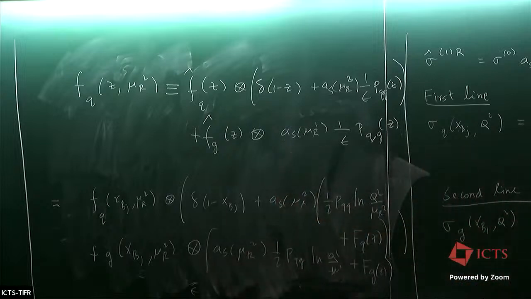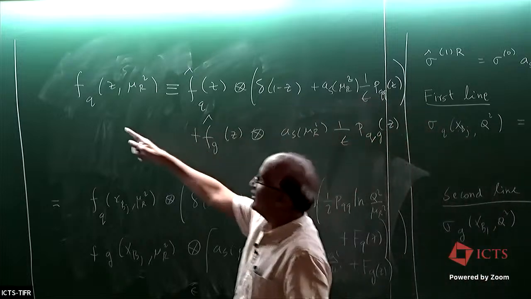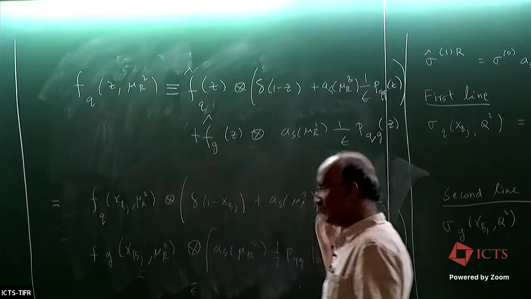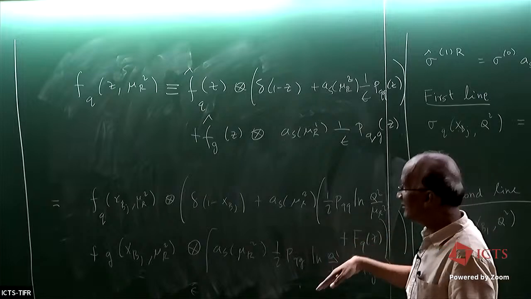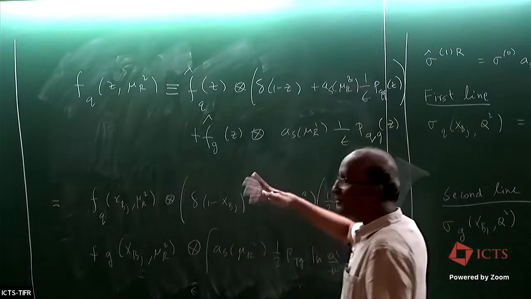Okay, so this is my answer actually. What I did was I combined this divergent part and called that F_Q, and substituted it back in the original formula. If you do this, then I get a formula where the 1 by epsilon is gone.